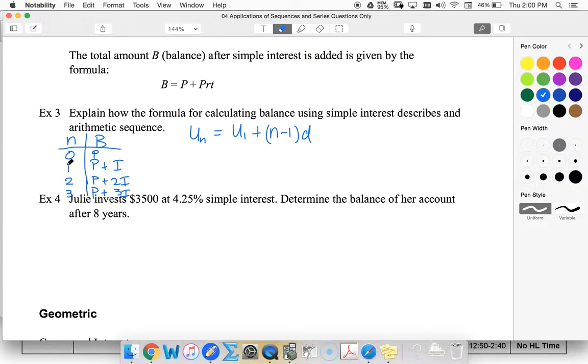Well, for money, we want to start with u sub 0. So this time, I would end up with 1 interest being added, 2 interest, 3 interest, so that corresponds to the n value. So for simple interest, my balance is equal to my principal plus n interest rates.